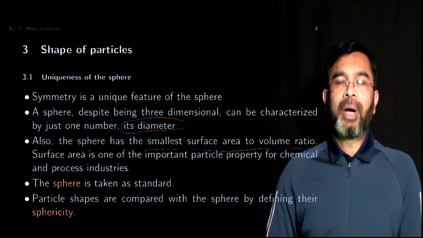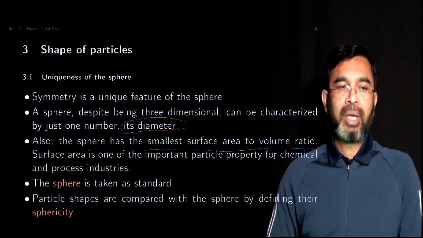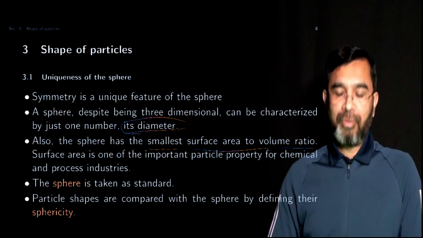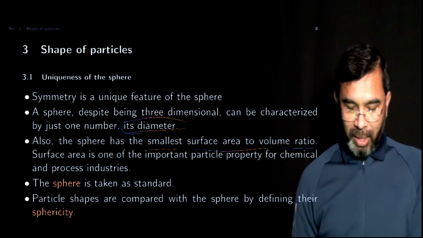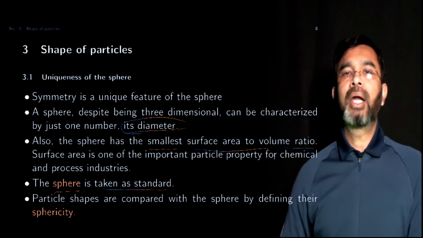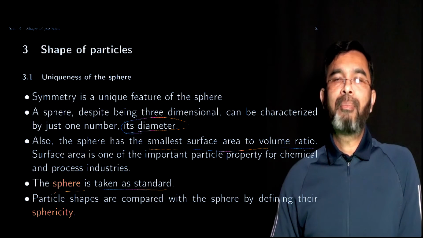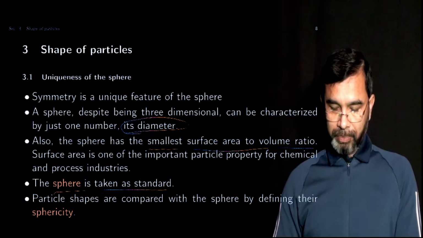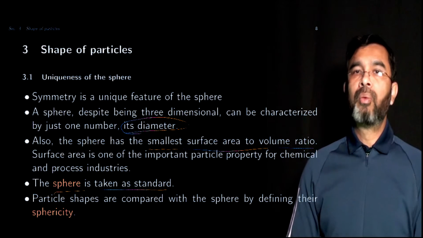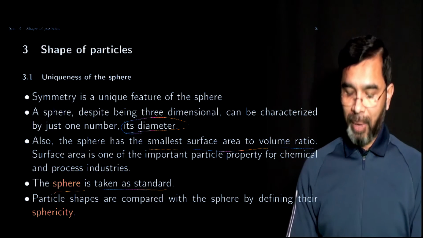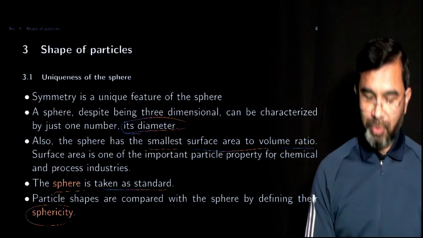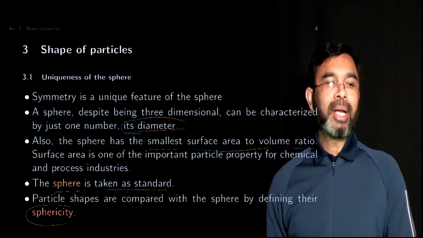Now, because of these two properties, one is its complete symmetry, another its surface area to volume ratio, the sphere is taken as a standard to define the shape of other particles. Other particles are compared with a sphere in terms of one particular property, which is called sphericity. Now, what is sphericity?